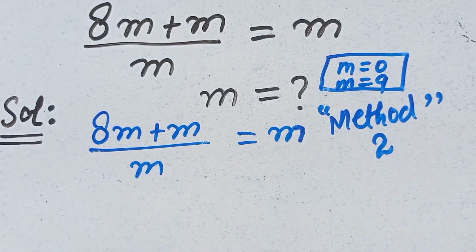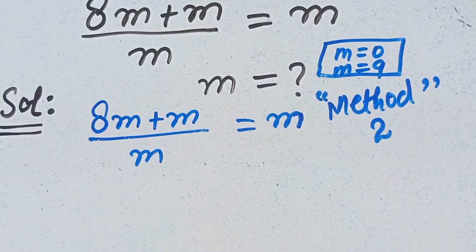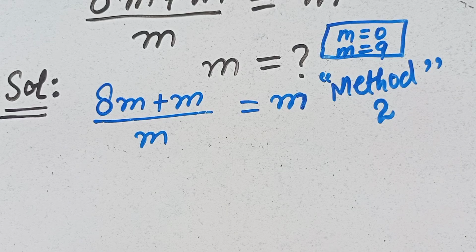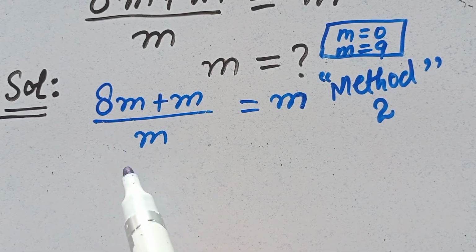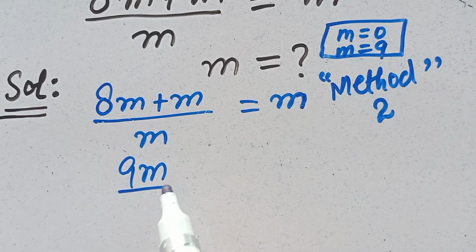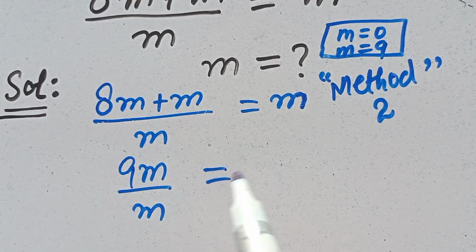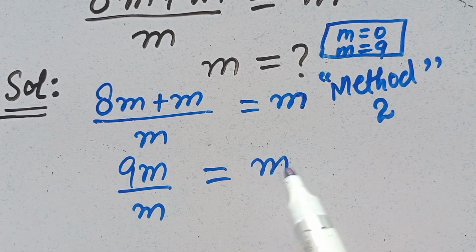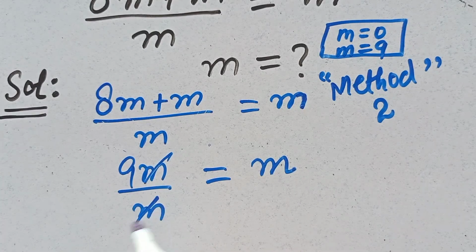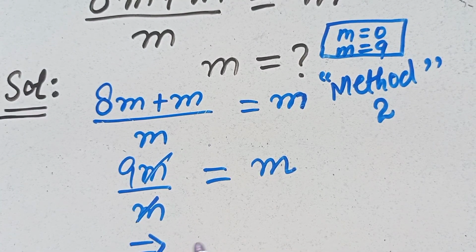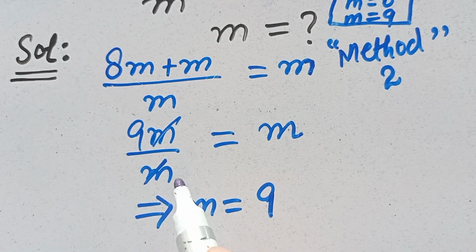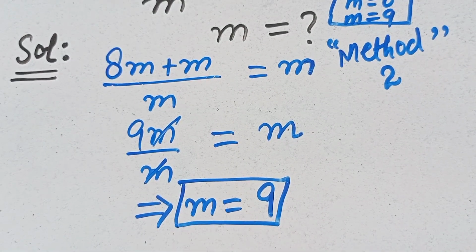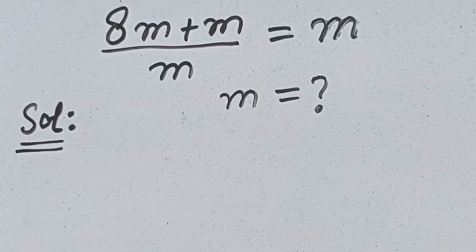Now simplifying the left hand side of this equation, in the numerator we have 8m plus m, so 8m plus m will be 9m, divided by m equals m. Now on the left hand side this m and m will cancel out and we are left with m equals 9. Simply we got a result m equals 9 by this method in a very easy way.